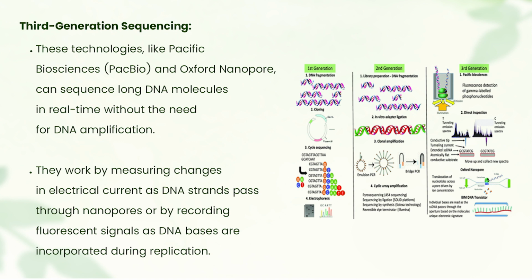Now, third generation sequencing. These technologies like Pacific Biosciences and Oxford Nanopore can sequence long DNA molecules in real time without the need for DNA amplification. They work by measuring changes in electrical current as DNA strands pass through a nanopore or by recording fluorescent signals as DNA bases are incorporated during replication.